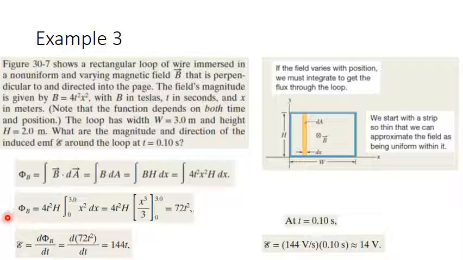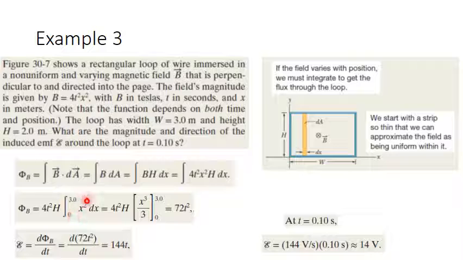So the total flux inside the loop would be 4t squared h, since all these items are independent of x, times the integration of x squared dx, with the limits of integration from 0 to 3.